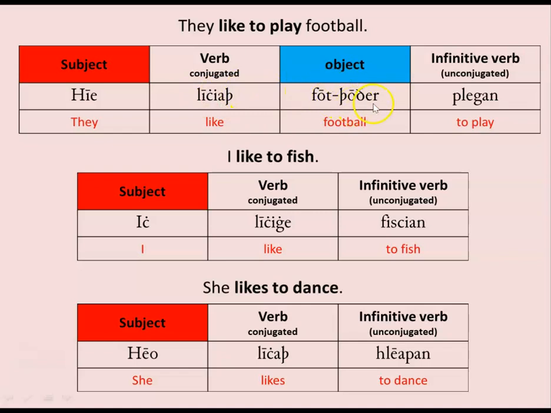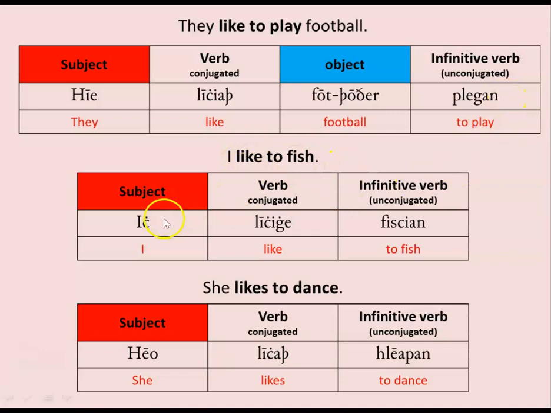Object is thother, football, foot and ball. Plechan, to play. So the first verb, like, is conjugated according to number and tense, then the object in the accusative in this case, and then the second verb goes to the very end in its infinitive unconjugated form.